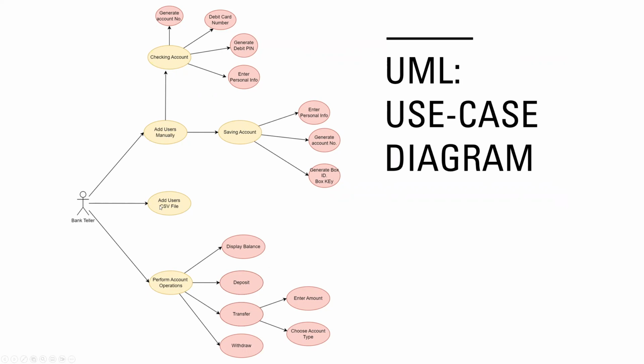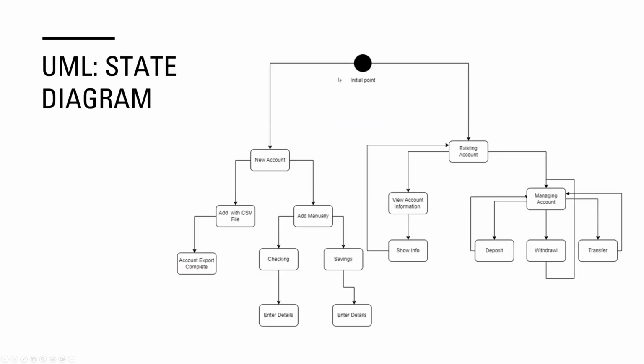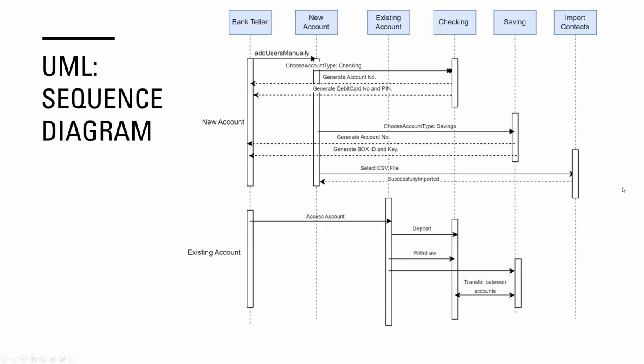If we want to add through a CSV file, we'll be importing the Excel file from our desktop. If you want to perform other operations like display balance, deposit, transfer, or withdraw, here's the state diagram for that. It shows what the initial point is and how this application works. This is our sequence diagram.